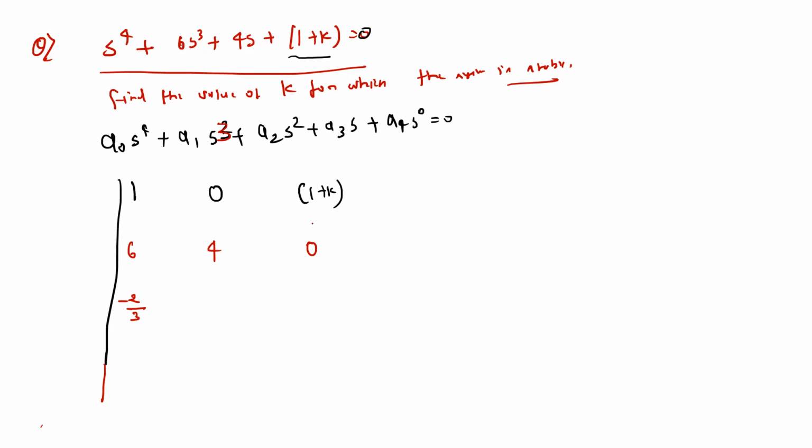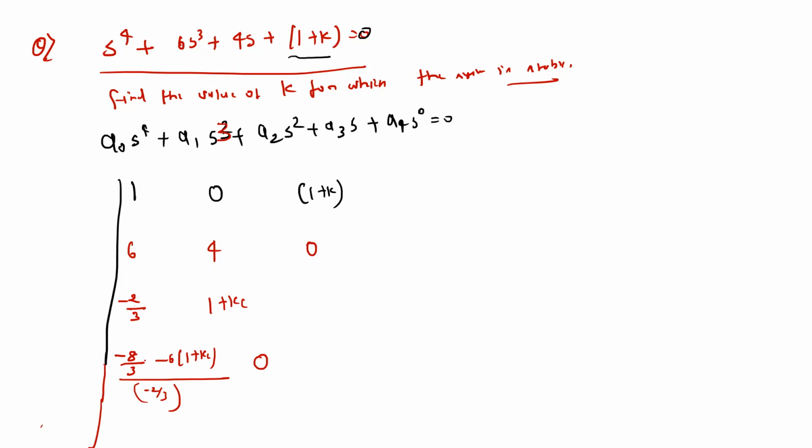And here it will be 6 into 1 plus Kc divided by 6, so it will be 1 plus Kc. Now here, what will the value be? Minus 2 by 3 into 4 is minus 8 by 3; minus 8 by 3 minus 6 into 1 plus Kc, divided by minus 2 by 3, and this will again be 0 here, right?